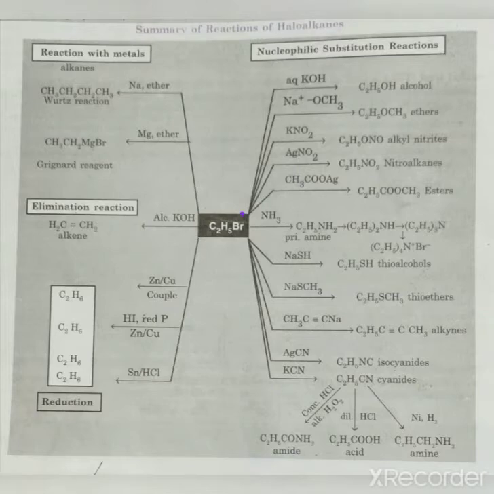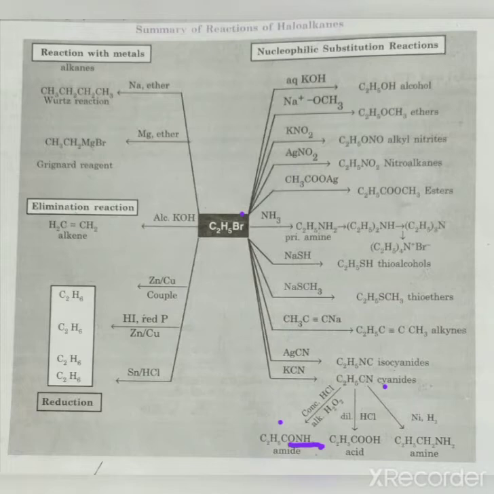Now the cyanide product, as we have discussed, is further divided into three different reactions. On partial hydrolysis, it gives rise to amide. Look here, the CONH2 part is added.